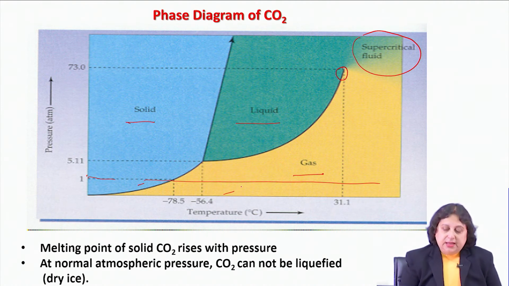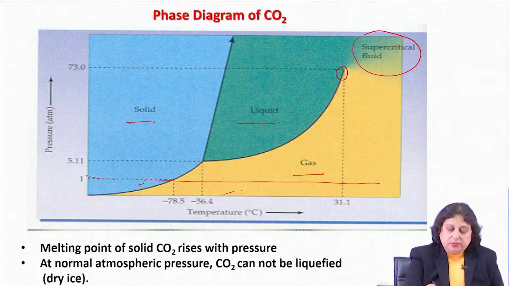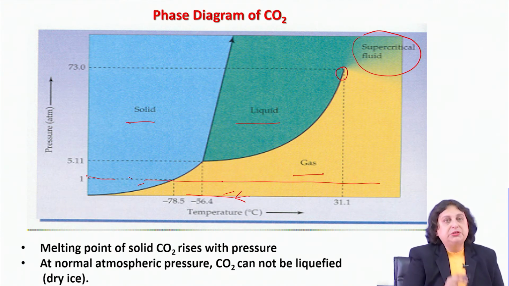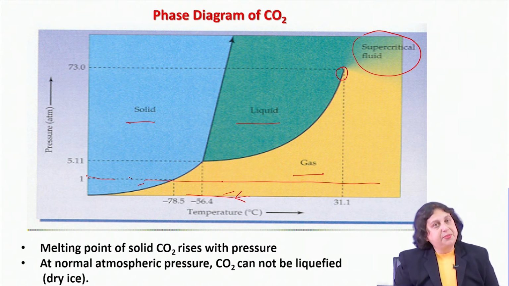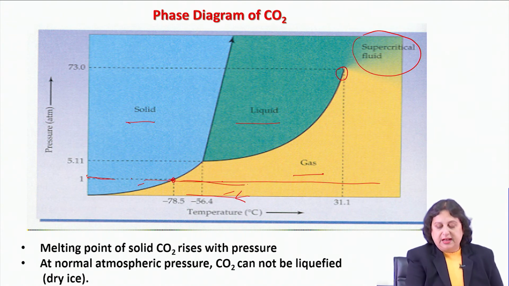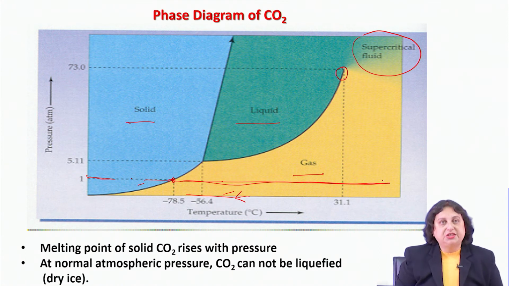On the other hand, if I am cooling down gaseous carbon dioxide, that means I am decreasing the temperature in this direction, then the gas will undergo deposition at 1 atmospheric pressure. And because there is no gas-liquid coexistence line at normal atmospheric pressure, as I extend it to the higher temperature, I would say that at normal atmospheric pressure, carbon dioxide cannot be liquefied.